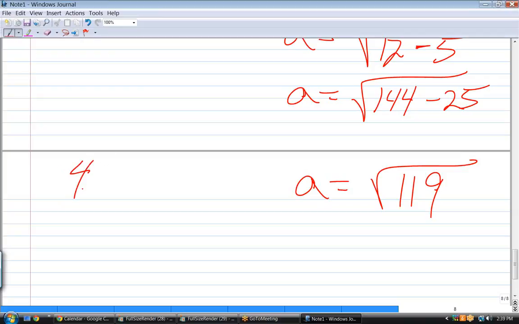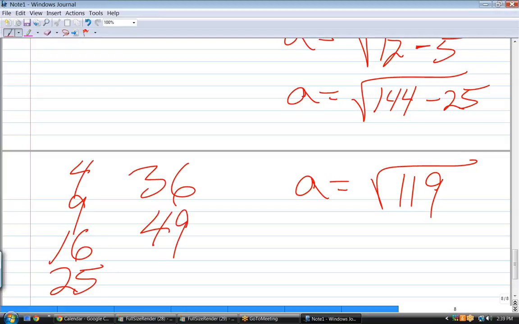In other words, we ignore 1, but is it divisible by any of these numbers? And I don't have to go much bigger than that, because once I get there, I'm beyond half. Is 119 divisible by any of those? The answer is no.